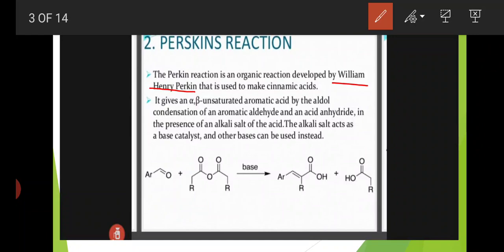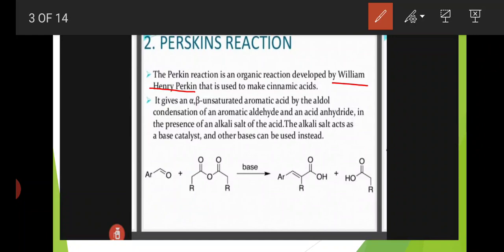It gives an alpha beta unsaturated aromatic acid by the aldol condensation of an aromatic aldehyde and an acid anhydride in the presence of an alkali salt of the acid. The alkali salt acts as a base catalyst and other bases can be used instead.